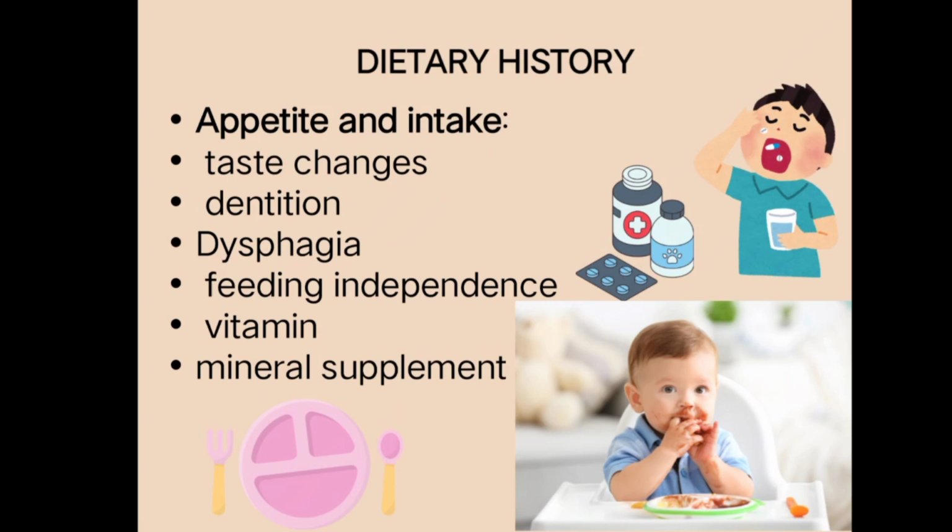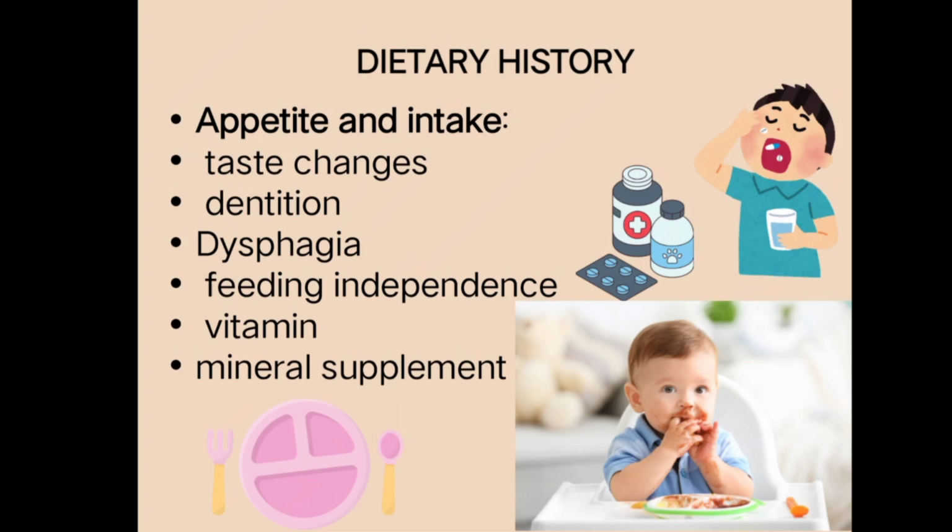Then is dietary history. In dietary history, we will assess their appetite and intake level. We will ask: do you have any taste changes? Do you have any metallic taste in your tongue? Is your dentition normal? Do you have any dysphagia, that is, difficulty while swallowing? Do you take your feed on your own, or are you fed by your caregivers?